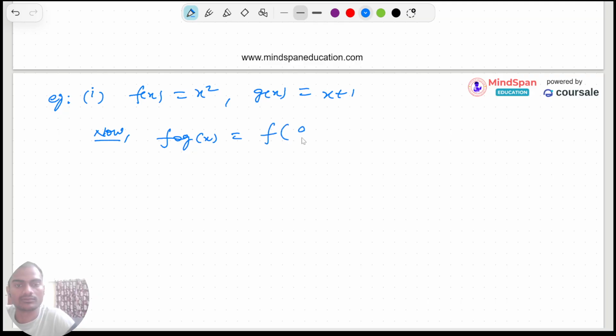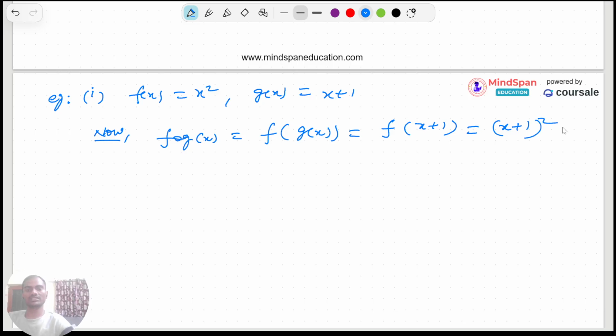First it will get g of x, then that value will go into f of x. So f of g of x, what is g of x? x plus 1. So we have to put x plus 1 as the input of f of x. So what we are going to get is x plus 1 whole squared. Okay, this is f of g of x.